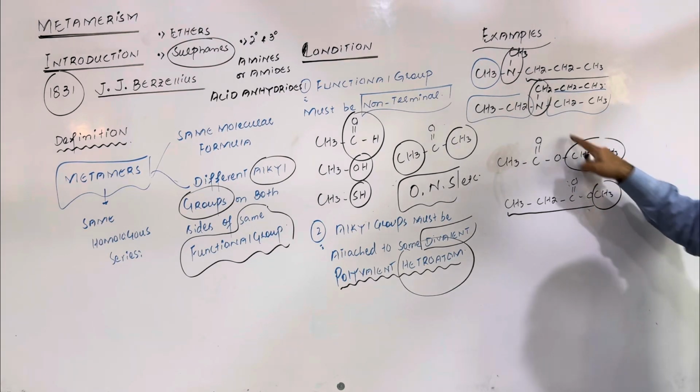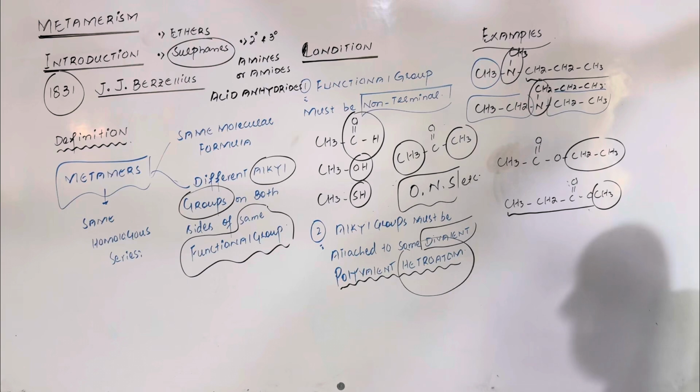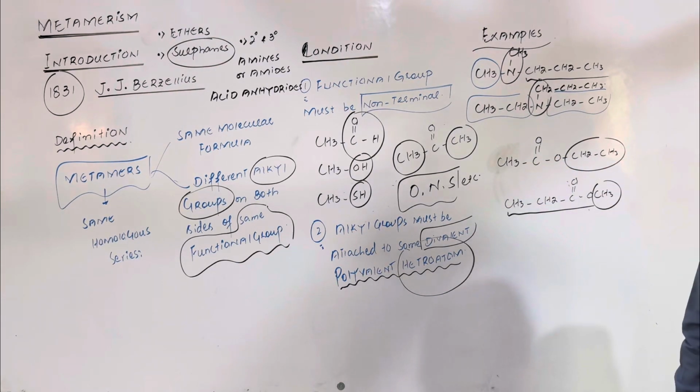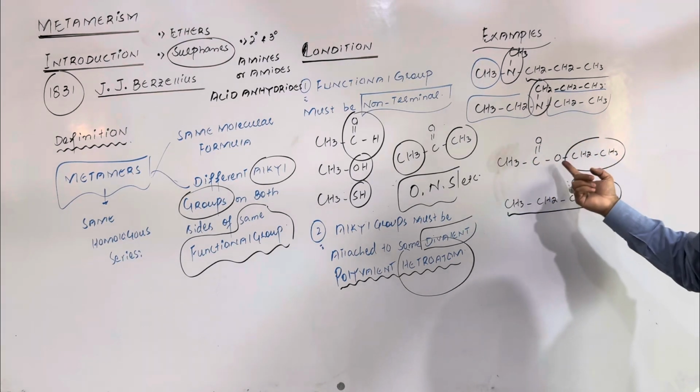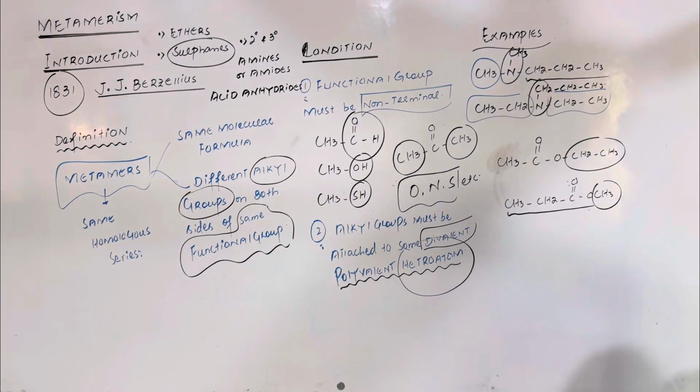This one is ethyl acetate and this one is methyl propionate. So you can see that again there are different alkyl groups attached to the non-terminal functional group having a divalent heteroatom, which is oxygen. So these are two anhydrides and they will be considered metamers of each other.